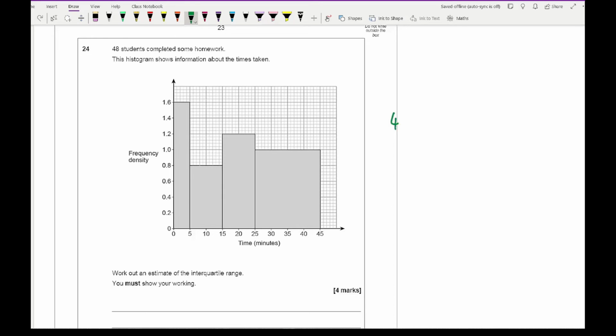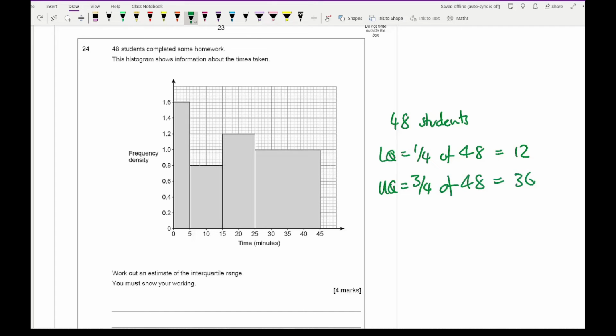Now 48 students, so the lower quartile is going to be a quarter of 48, and a quarter of 48 is 12, and the upper quartile is going to be 3/4 of 48, which is going to be 36.